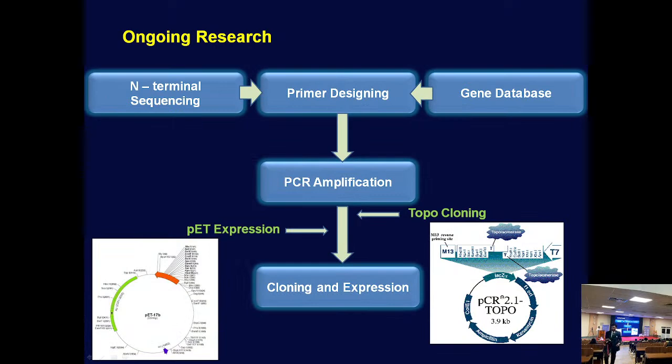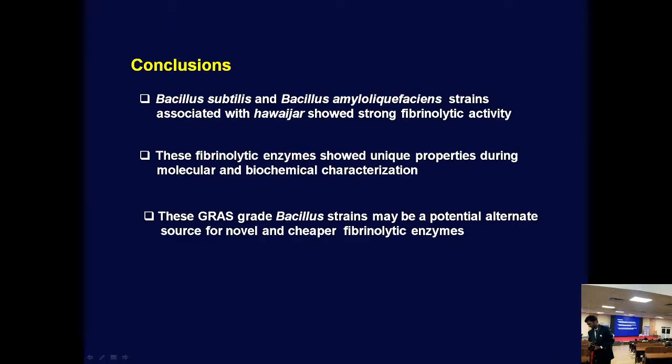So this is ongoing. Concluding, Bacillus subtilis and Bacillus from this particular fermented food have very strong pharmacologic activity, and this enzyme gives this characterization, molecular as well as biological. These Bacillus strains may be a potential source of novel pharmacologic enzymes.